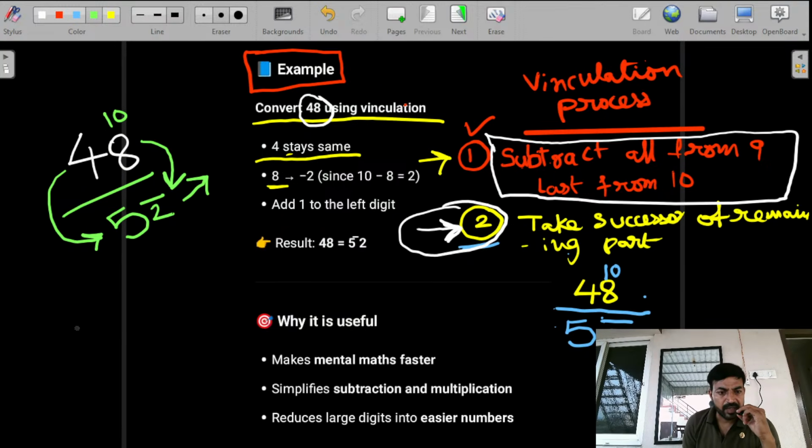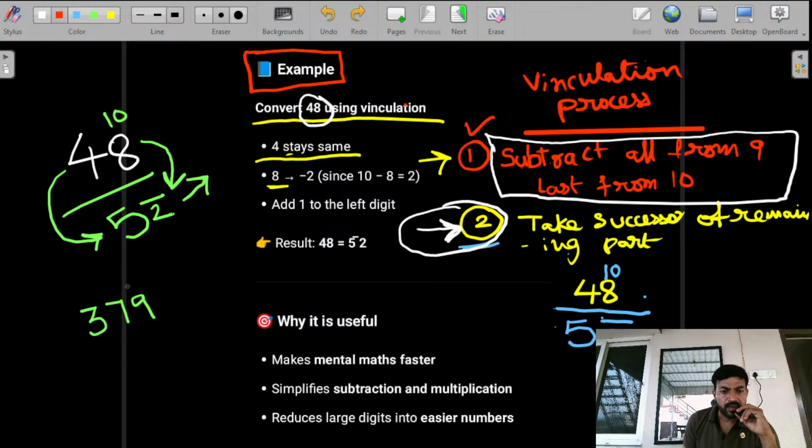For example, 379. Just do it. Vinculate 379, everyone. Vinculate higher digits only. You can apply all from 9 last from 10. Here in 379 you can find two higher digits.